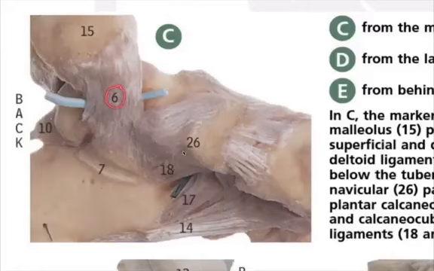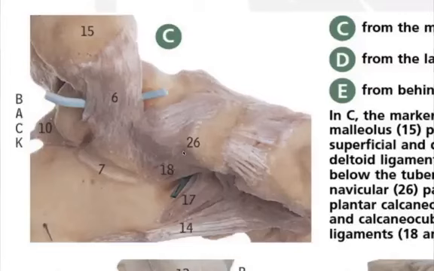Number 16 is the deltoid ligament. Number 18 is the spring ligament. Number 14 is the long plantar ligament. Number 17 is the short plantar ligament. Is it clear?